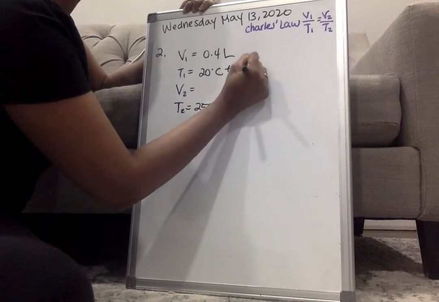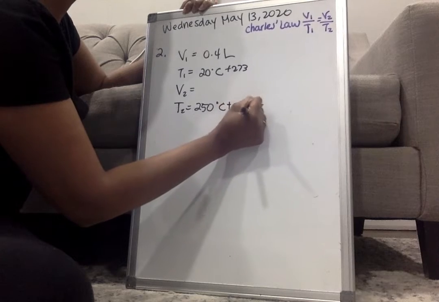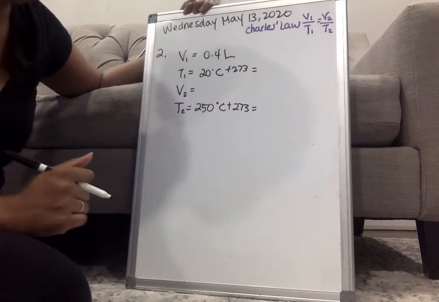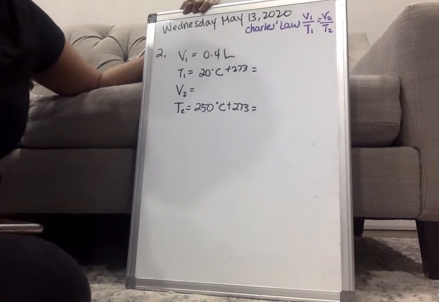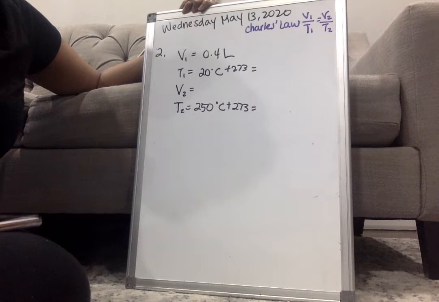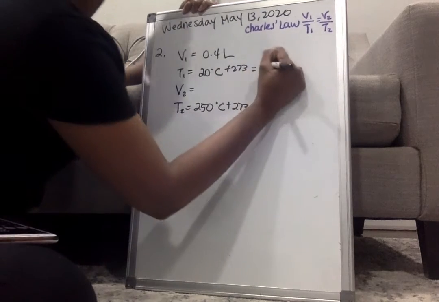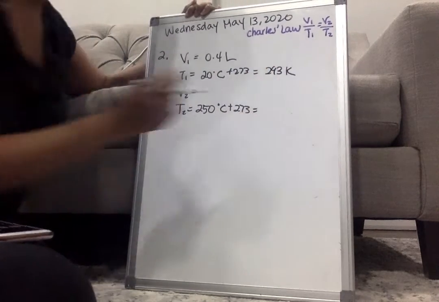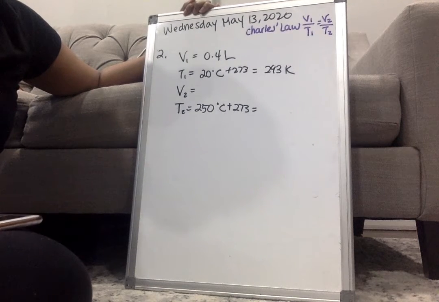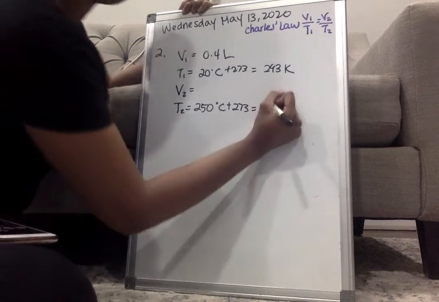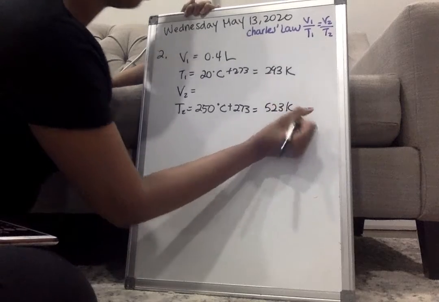Again, I'm going to convert Celsius to Kelvin by adding 273 on both sides. So 20 plus 273, 293 Kelvin, and then 250 plus 273, 523 Kelvin.